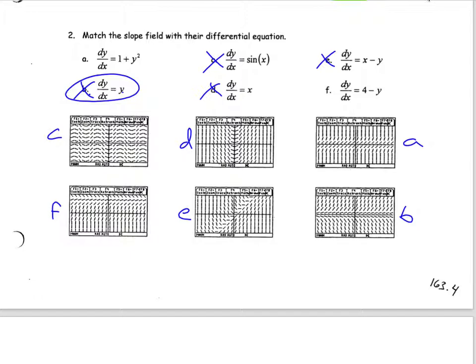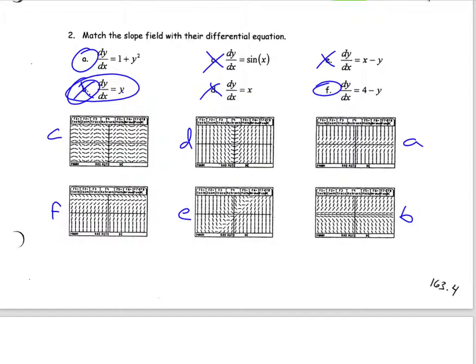This one looks like it has a 0 slope. And where does it look like it has a 0 slope? At y equals 4. So if I plug 4 into any of these three, will I get something that's close to 0? Yes, over here, if I plug 4 in, that gives me a slope of 0. So that's why I like this one.